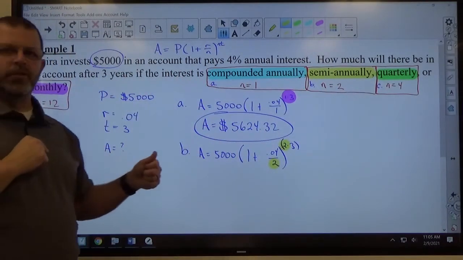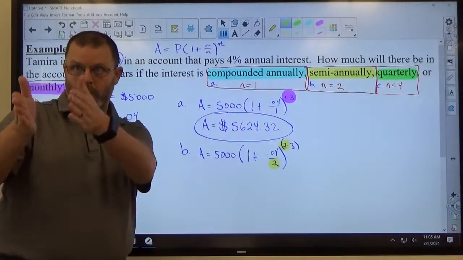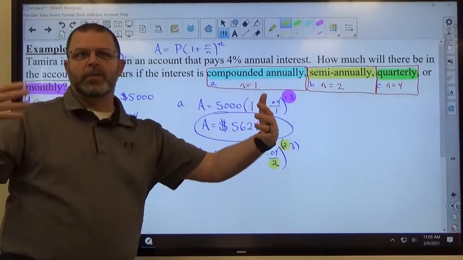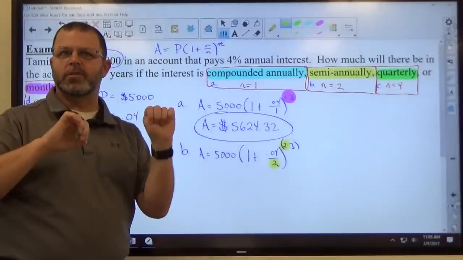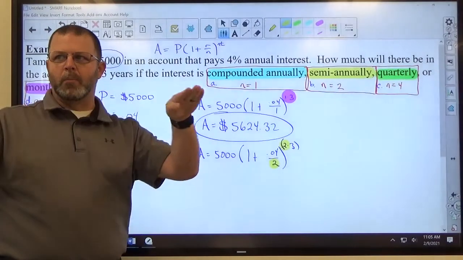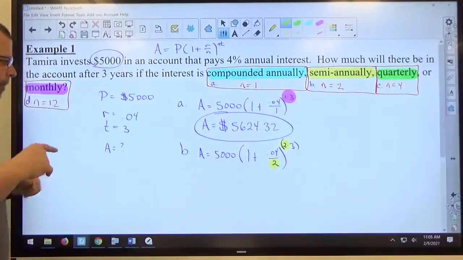Notice what it did to the interest rate. It was a 4% interest rate. Now it's half as much, a 2% interest rate one time and a 2% interest rate the second time. It's compounded twice in the year, but you only compound half as much interest each time. So you're compounding it more often, but at a lesser amount. So that's how they kind of affect each other.